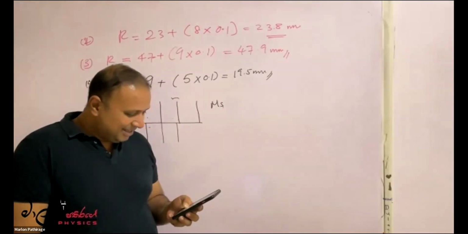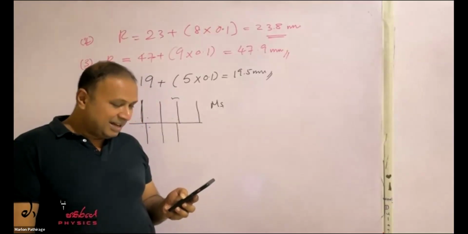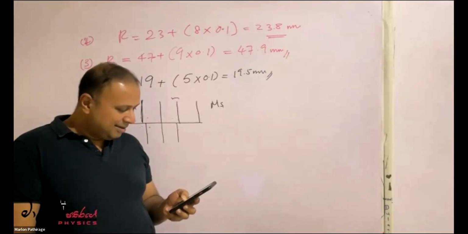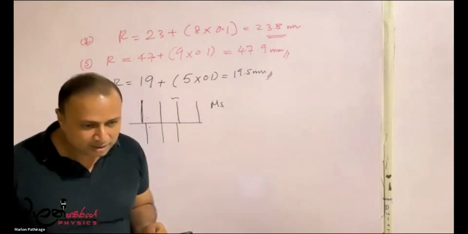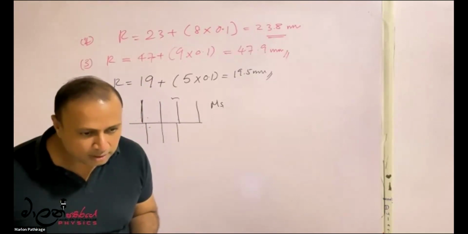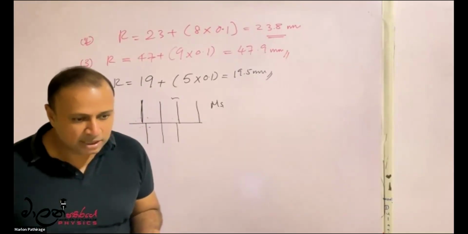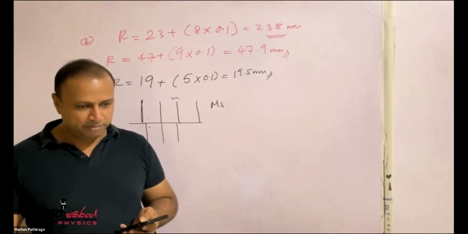Then the second reading is 0.6. Right? Yes, put it. First question 86.2.